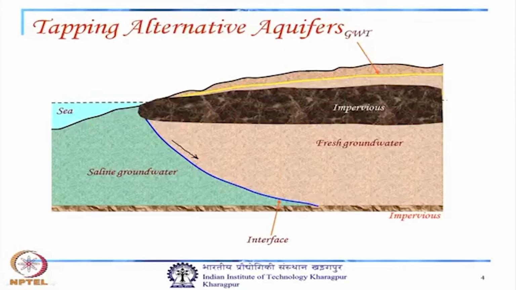So, that way we can control the seawater intrusion. Basically, it is by reducing the demand from this particular aquifer, and we are transferring that extraction to a different aquifer.